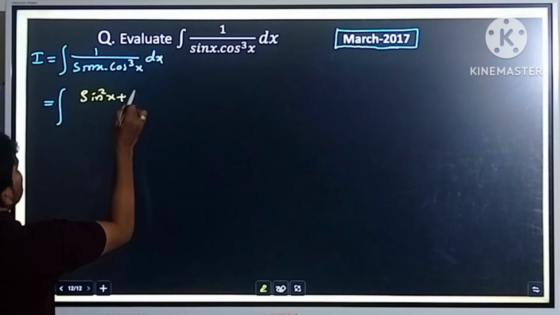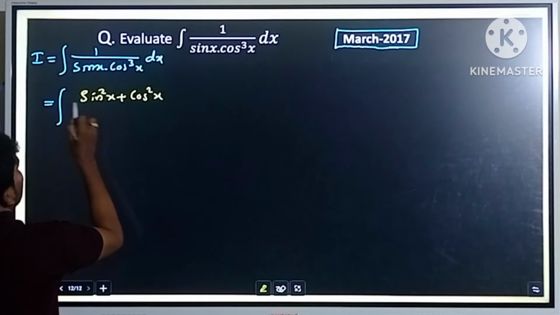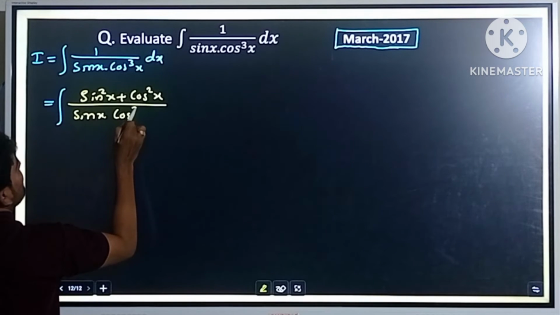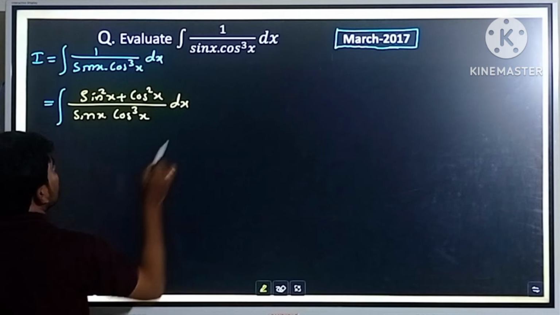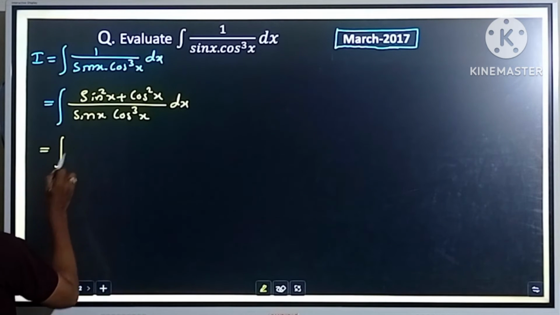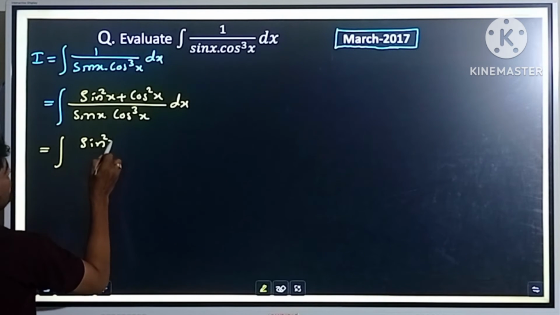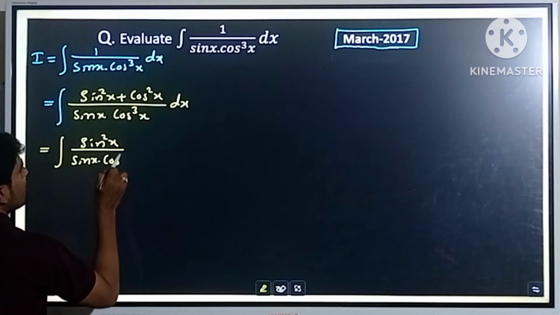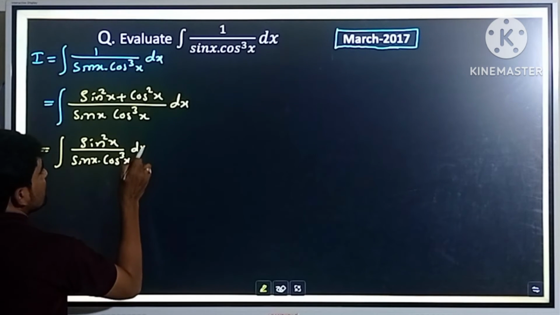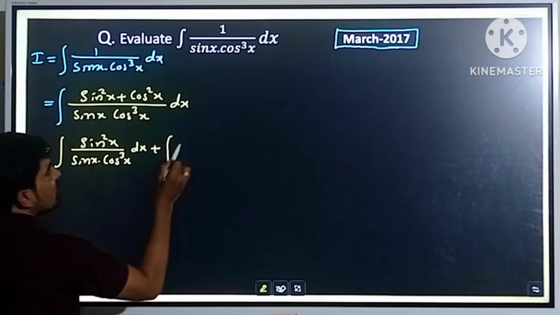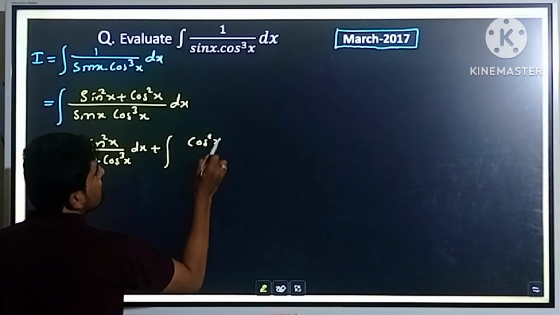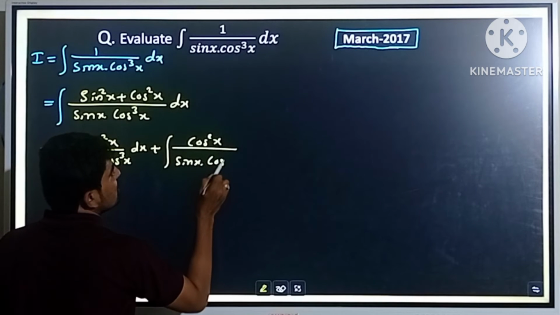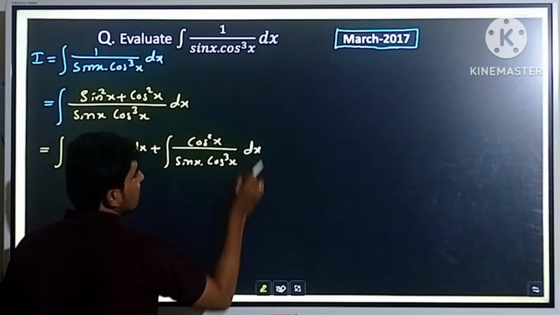Sin square x plus cos square x divided by sin x into cos cube x dx. And then separate the numerator. Integration of sin square x divided by sin x into cos cube x dx plus integration of what? Cos square x divided by sin x into cos cube x dx.